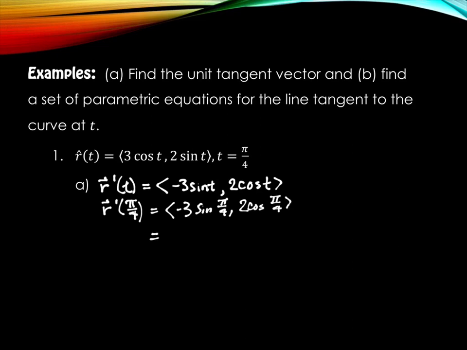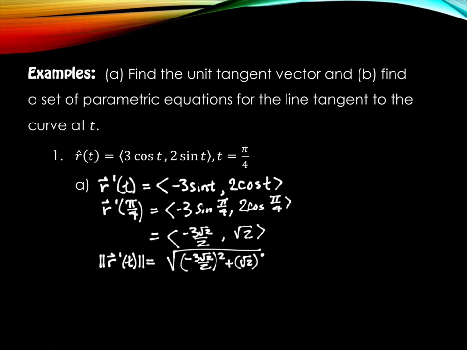All right, so sine and cosine of pi over 4 are square root of 2 over 2. So the first one is going to be negative 3 square root 2 over 2, and the second one would be just square root 2. Exactly. And then we're going to find the magnitude of this. So we will have the square root of negative 3 square root 2 over 2 squared plus the square root of 2 squared.